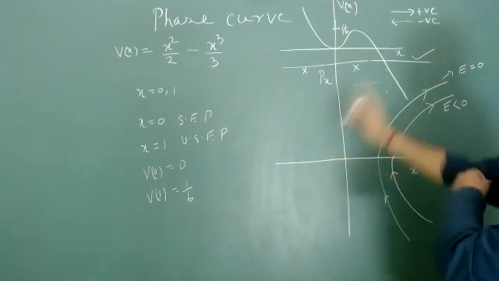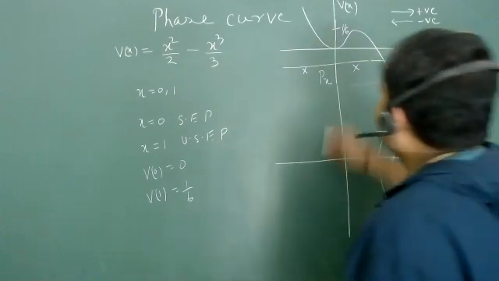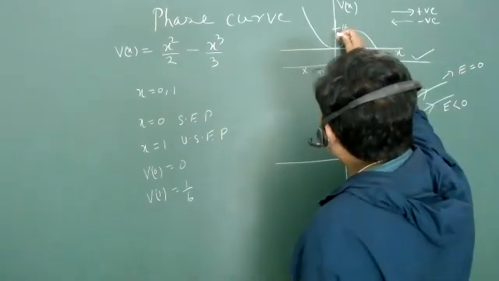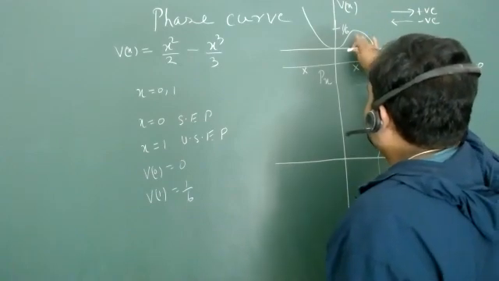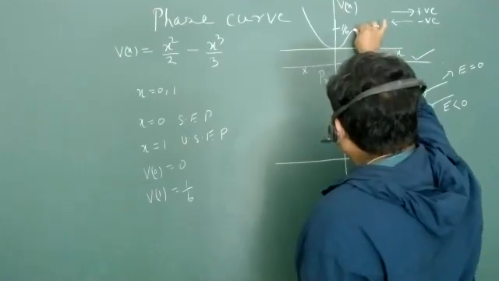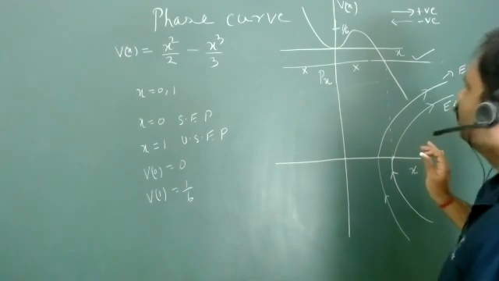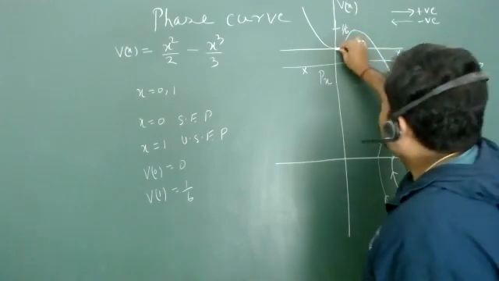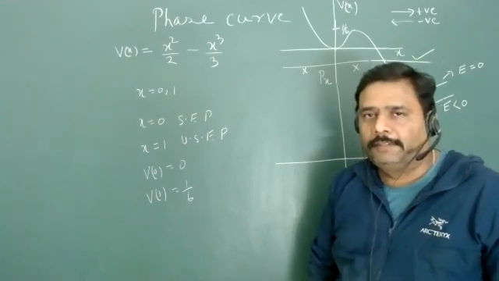Now, the next point is very interesting. If I have energy, now I cannot take energy just greater than 0. I have to divide energy into two parts, because after my energy is more than 1/6, there is an entirely different profile of potential, and for energy between 0 and 1/6, we have an entirely different profile of the potential, isn't it?